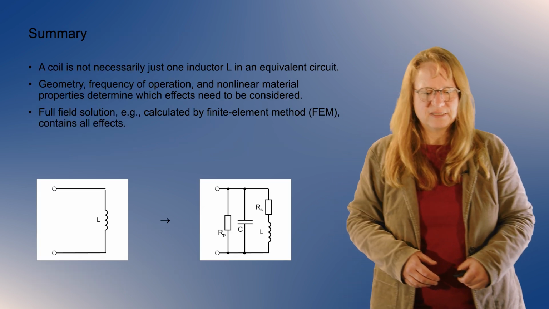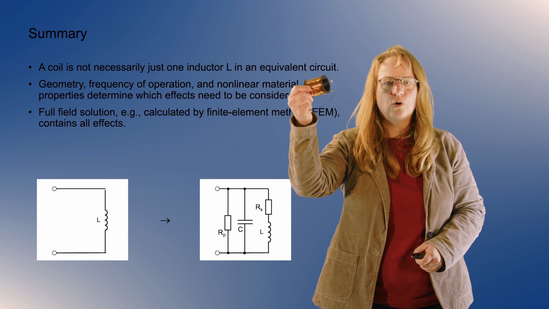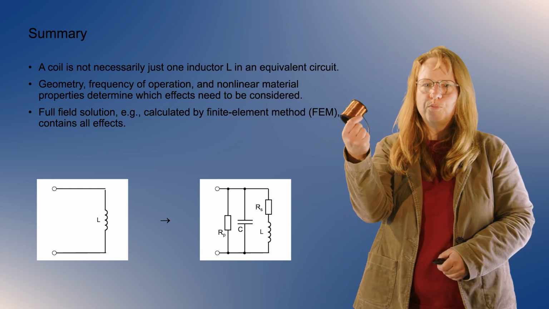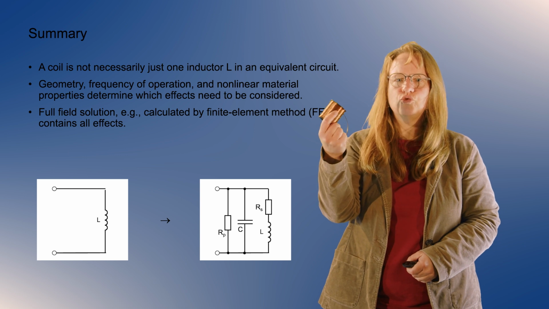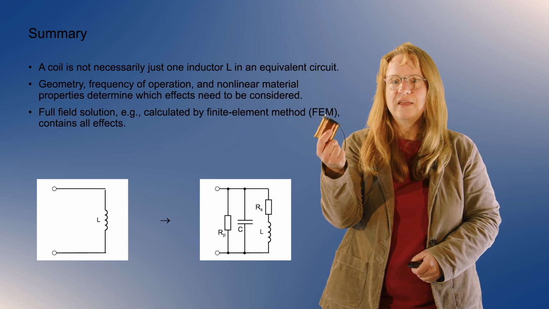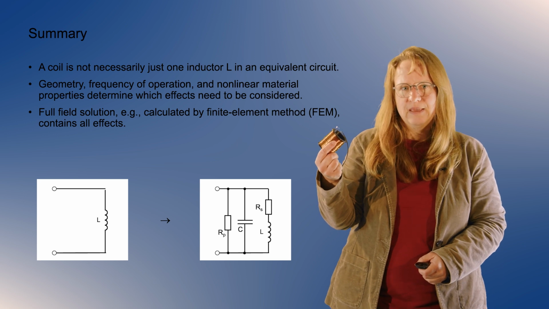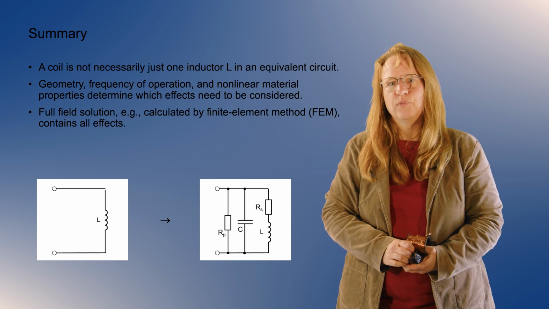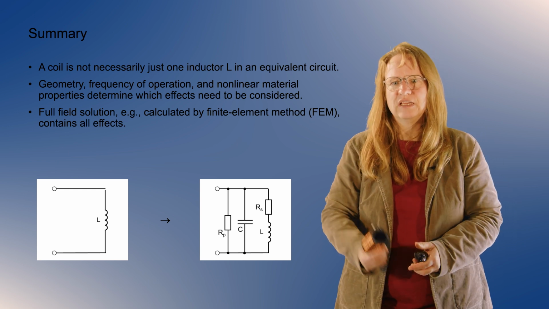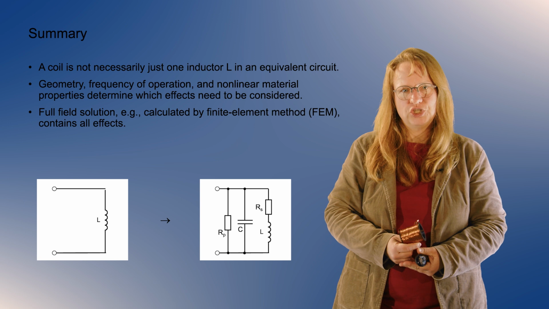So summarizing this now, if you have a coil and you want to put this into your circuit somehow, you have to think of what is a good representation of the coil that represents it well enough for whatever I want to do. And the answer to this will always depend on what the geometry is, what the materials are, and what the frequency of operation is.